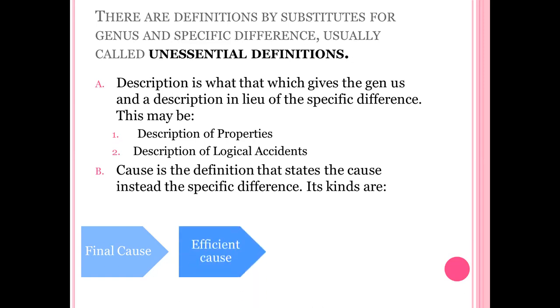So another cause that we have is the efficient cause. This is the kind in which the description of activities points to the cause of this activity. So basically there is a cause and effect of the particular activity. For example, leukemia is a disease caused by an abnormal increase in the number of leukocytes in the tissues and often in the blood.